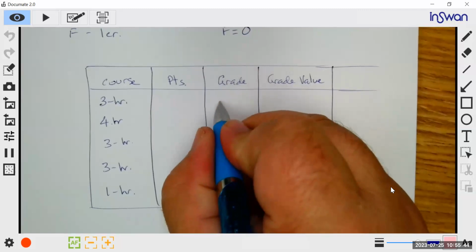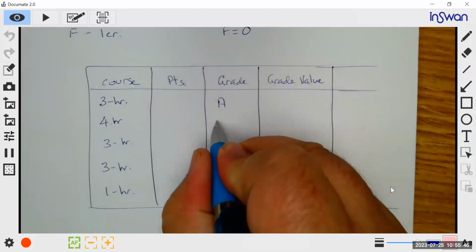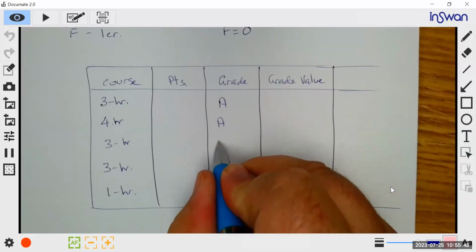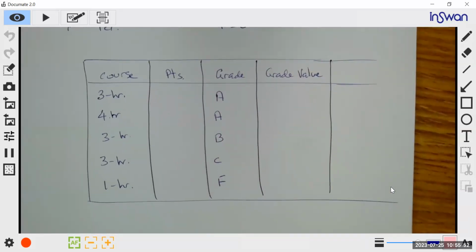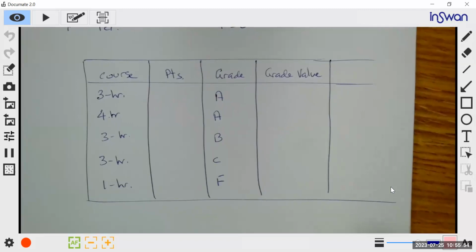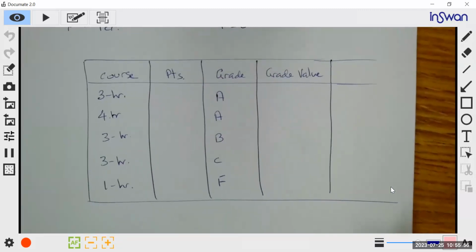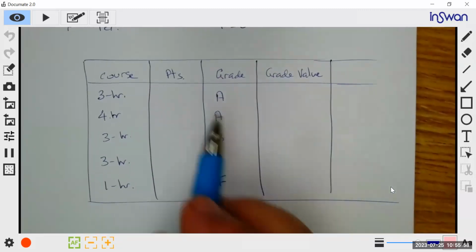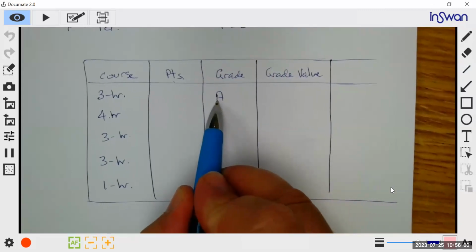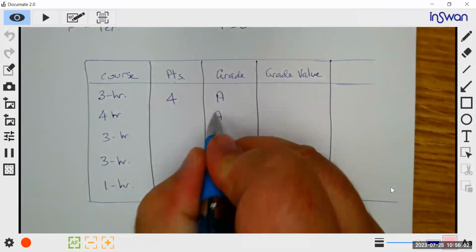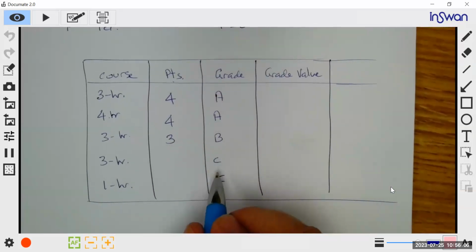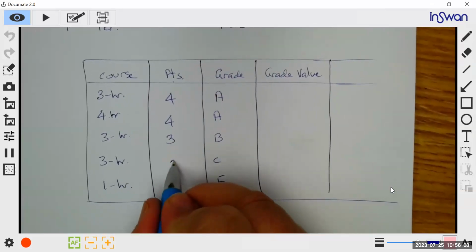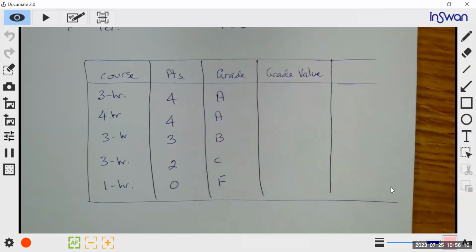The grades she got were an A, B, C, and F. So how many points do you get for an A? For a B, for a C, and for an F?